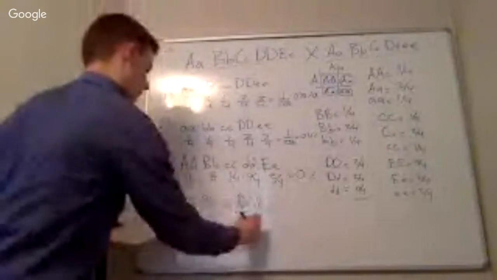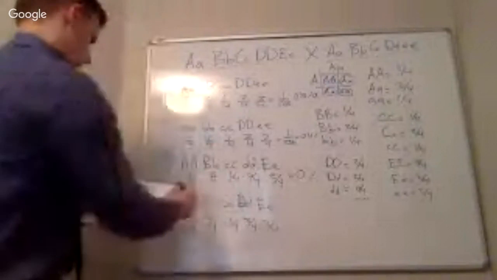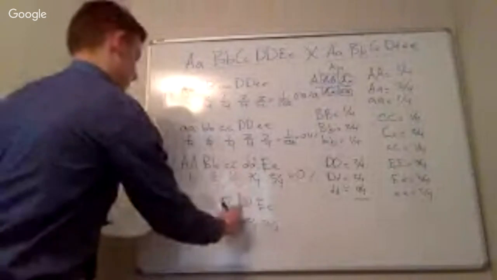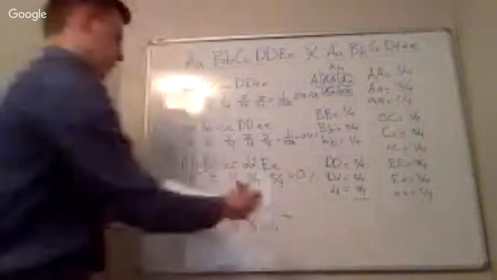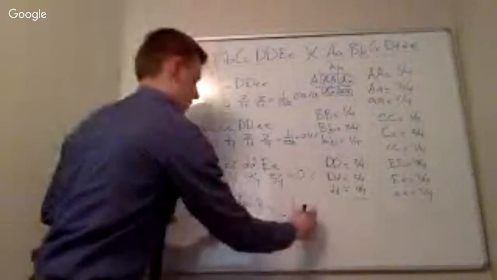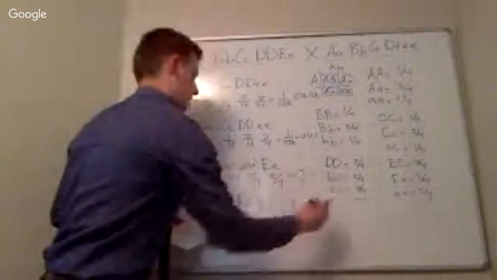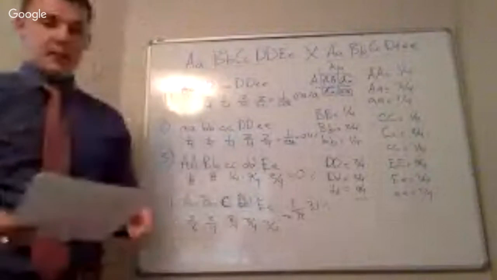So we get 2/4 in this one and 2/4 in this one, and I believe those are all correct. Actually, this is supposed to be homozygous. Sorry, I wrote the problem wrong. What this equals is 1/32, or a 3.1% chance that we'll have this type of genotype. So that answers question number one.